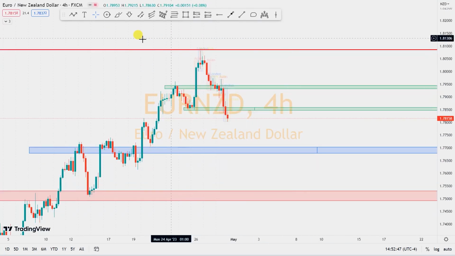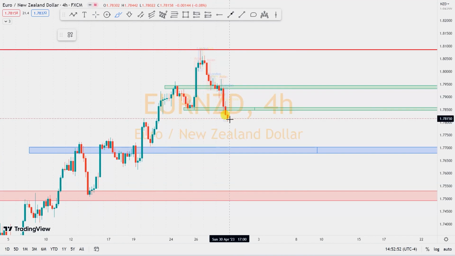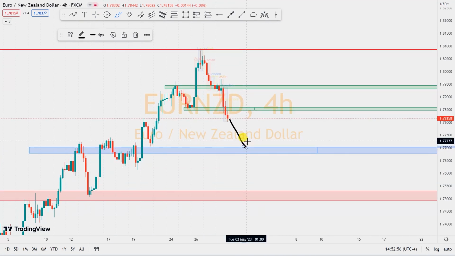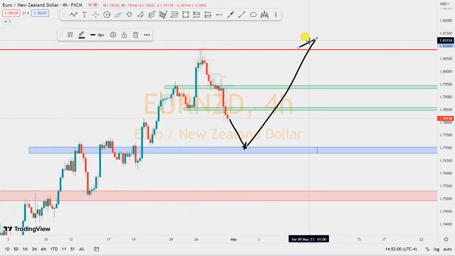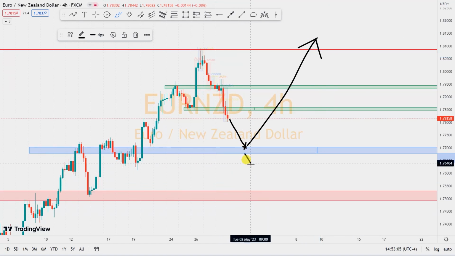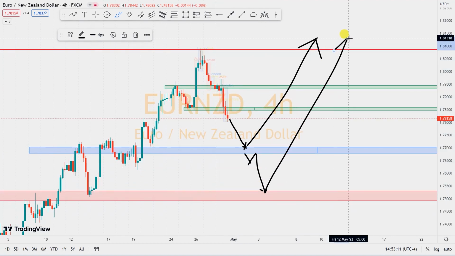I pretty much have this feeling that I'm expecting price to continue to drip towards this area. I pretty much expect price to continue to push down towards this area over here before we have that turn around towards the upside, or even towards this area over here, right? We can see price push further down towards here before it goes on its journey to the moon.